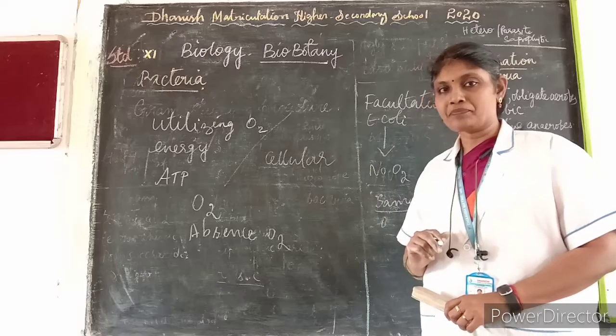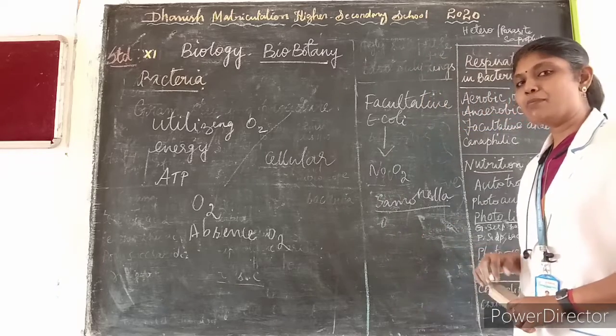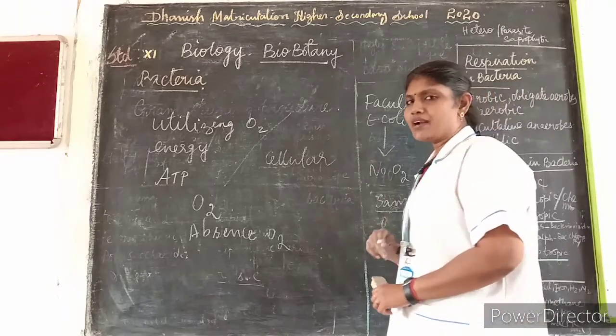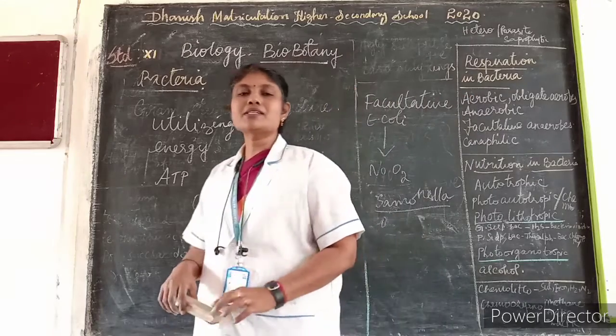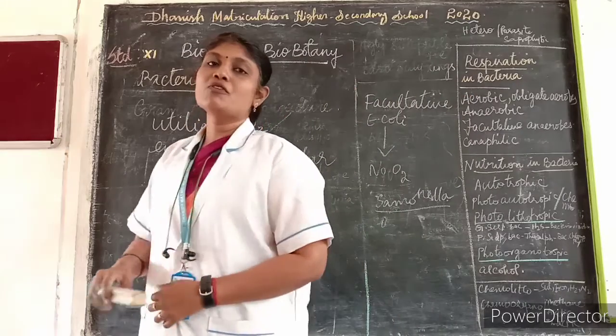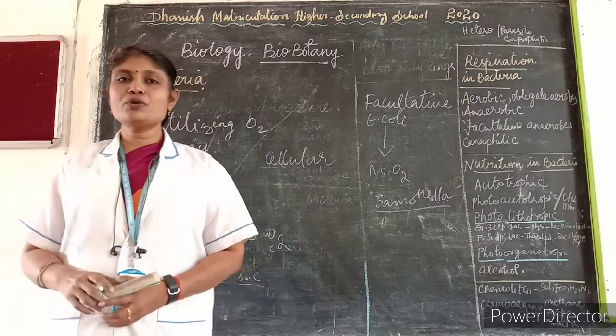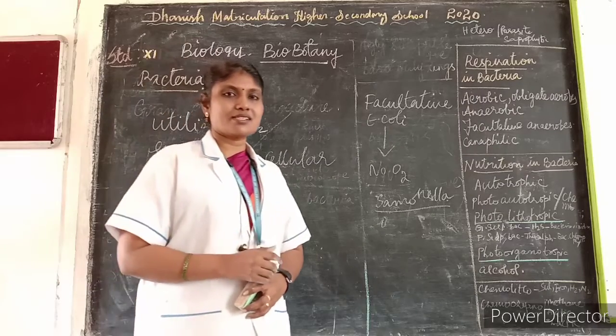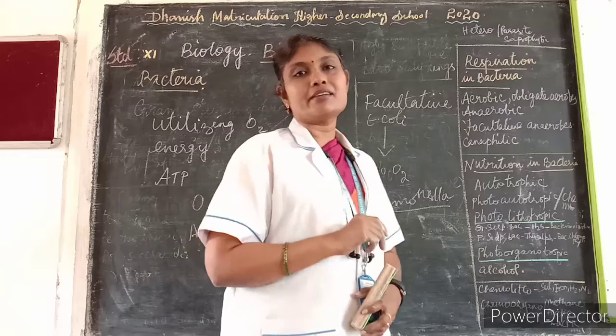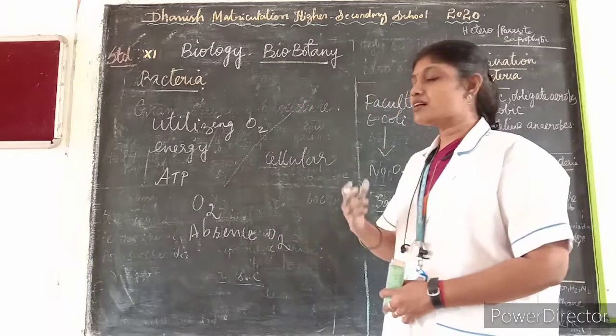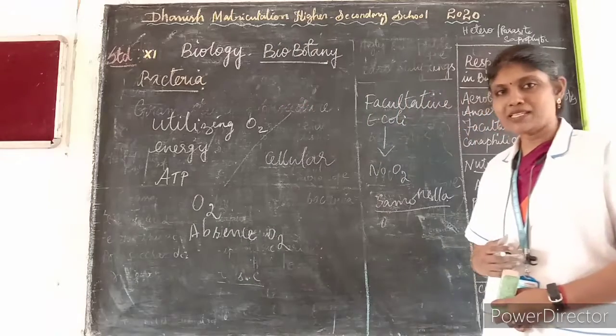Salmonella typhimurium. Typhoid is a bacterial disease. Which part does it affect? When a person is suffering from typhoid, which part is getting affected? What does the doctor suggest? They suggest a strict diet, right? So it affects the digestive system of a person.